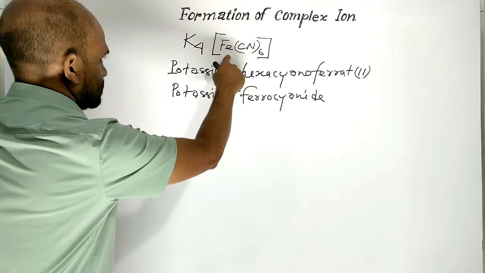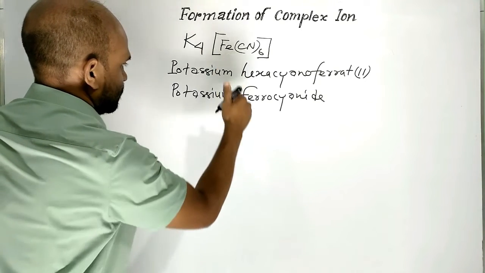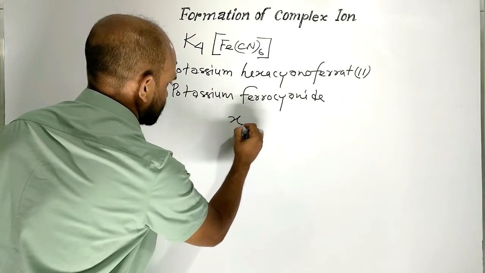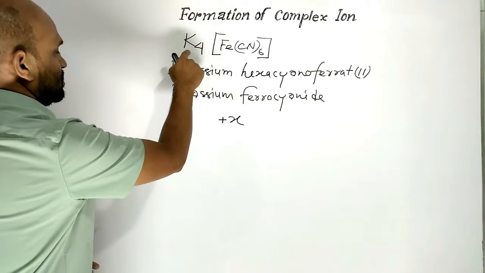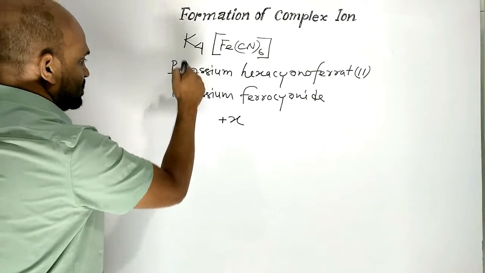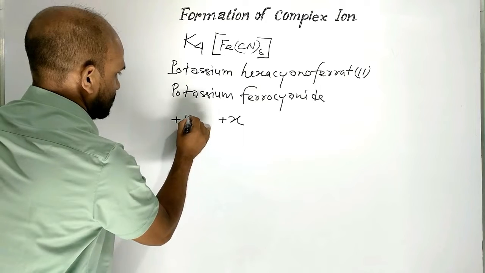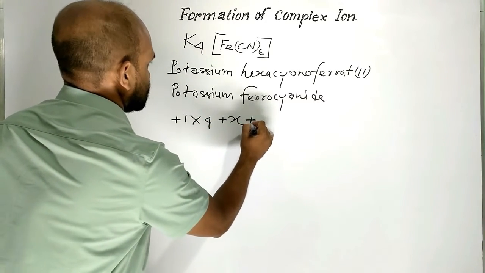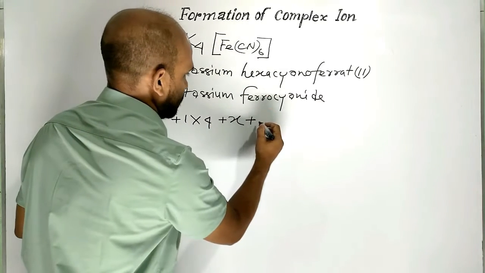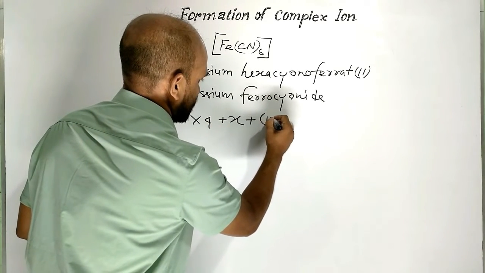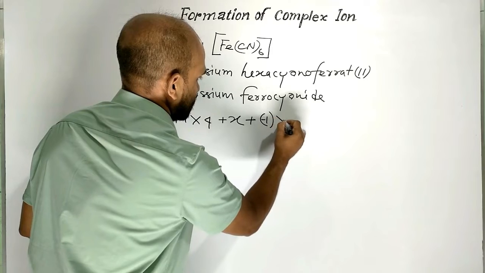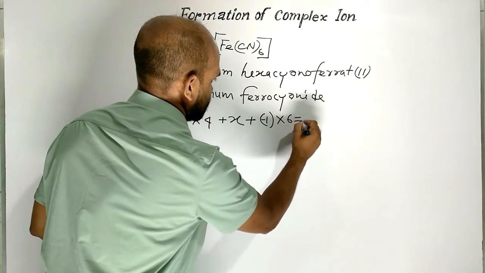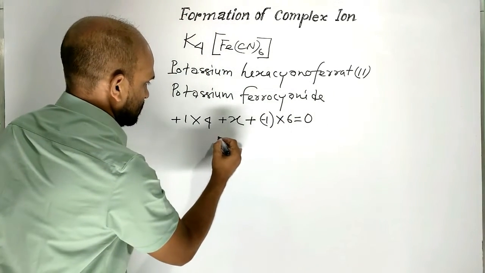Here, suppose oxidation number of iron is X, plus oxidation number of potassium is 1 plus 1 into 4, plus oxidation number of cyanide ion is minus 1 into 6, is equal to 0.